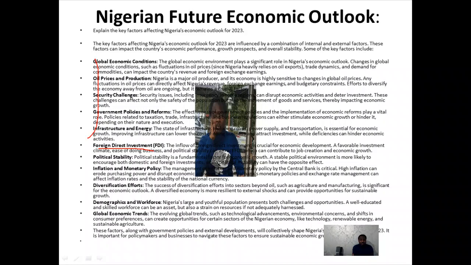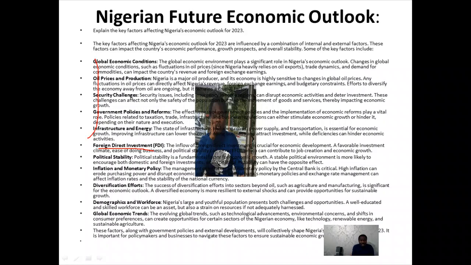Then global economic trend. When it comes to global economic trend, your answer may be in different ways, both positive and negative. Technology wise, we are not really there. Environment wise, we are not really there because there are security challenges. Then you will shift to consumer preferences. We are not really there because production is not doing fine.